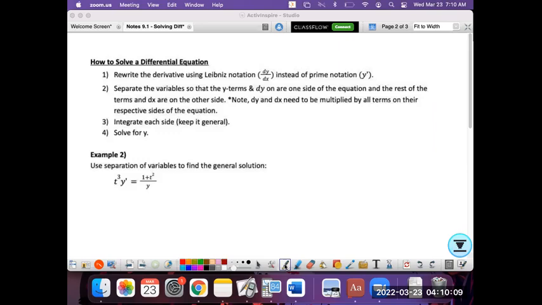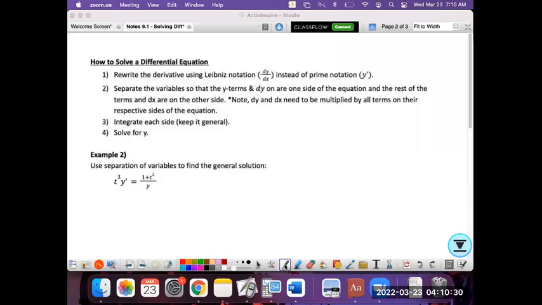Sometimes you might need to add or subtract things to the other side. Sometimes you might need to divide them. Just make sure that everything lines up nicely. Once you are ready to integrate, we need to keep it general. However, you don't need to put plus c on both sides. That's going to look weird, and then you're going to think that it's going to cancel out.